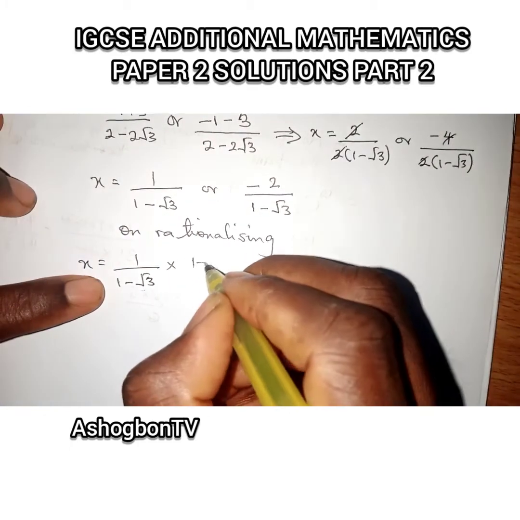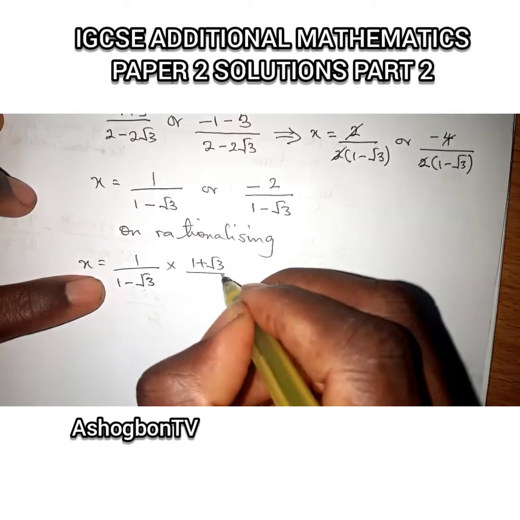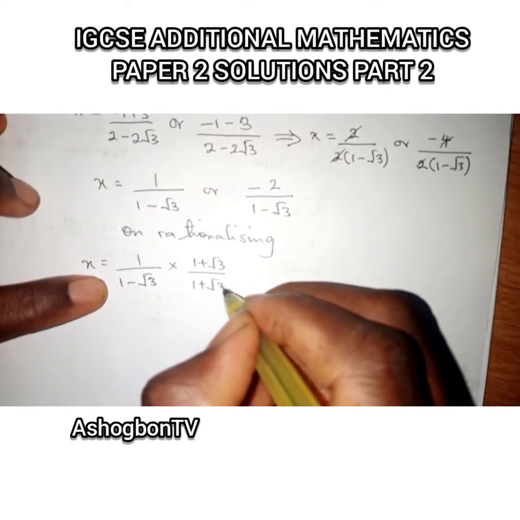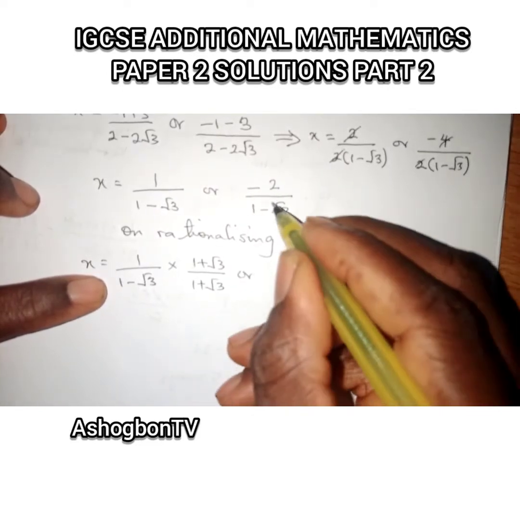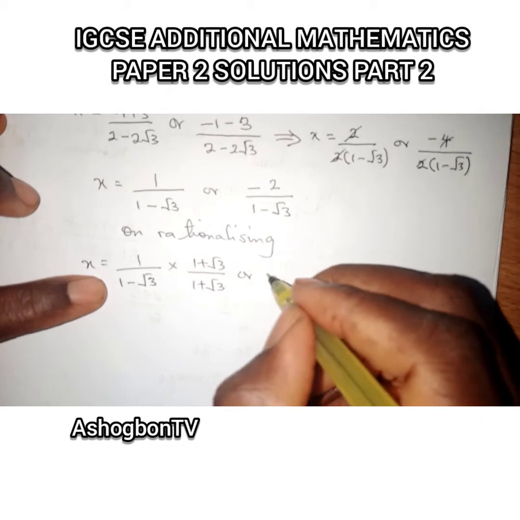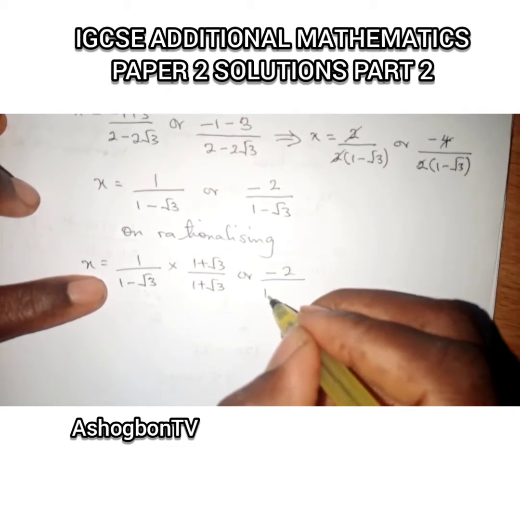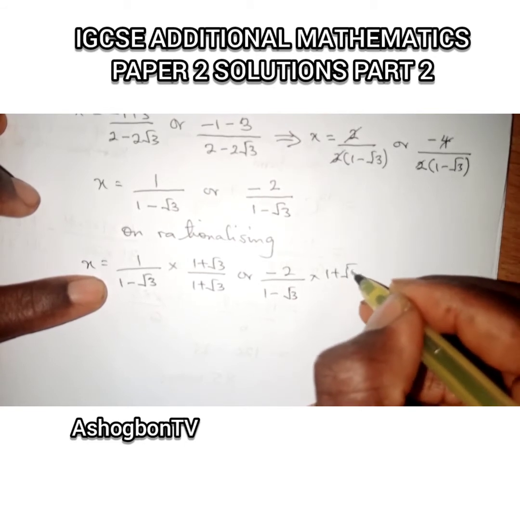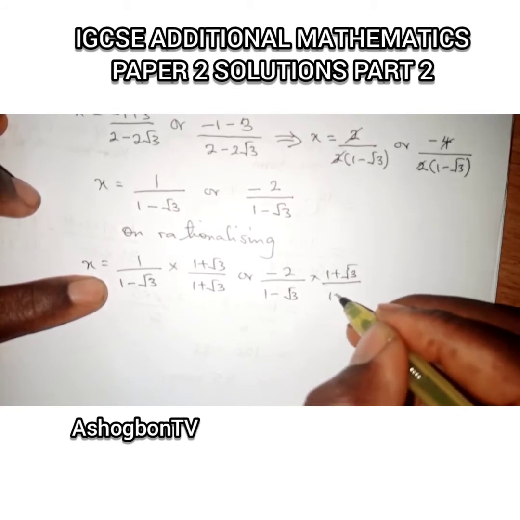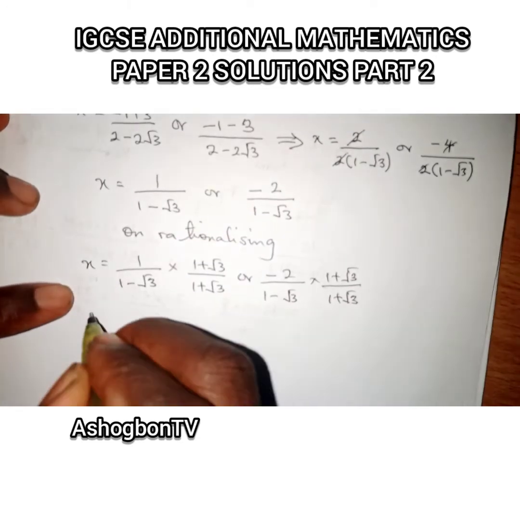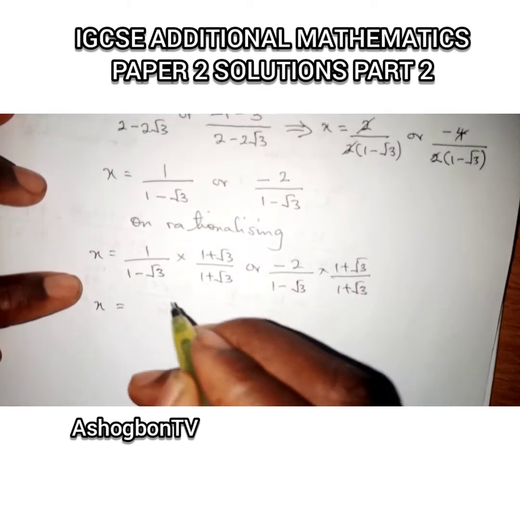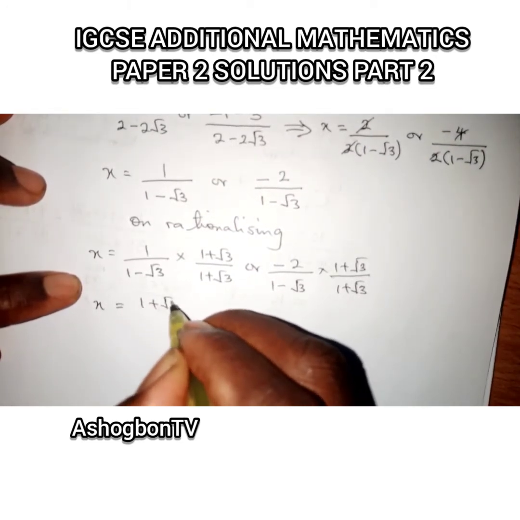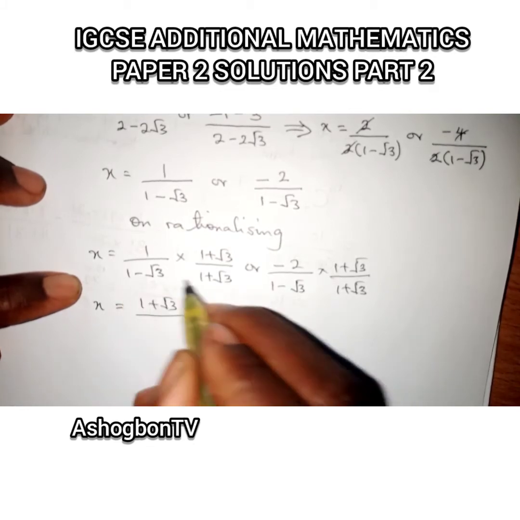So here you have 1 plus root 3 over 1 plus root 3, or let's do the same thing to this also, where you have minus 2 over 1 minus square root of 3. So we have 1 plus square root of 3 over 1 plus square root of 3. So here you are going to have x equal 1 plus square root of 3 divided by the conjugate.